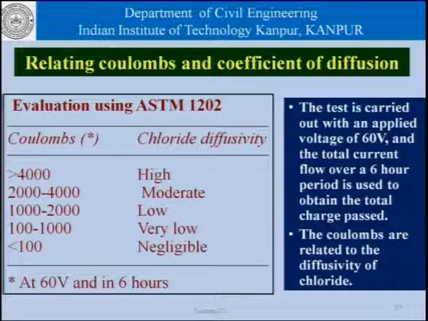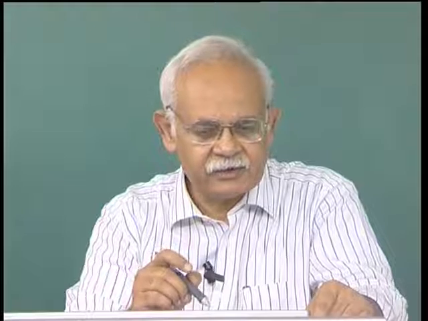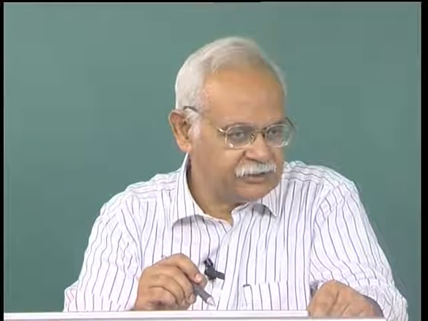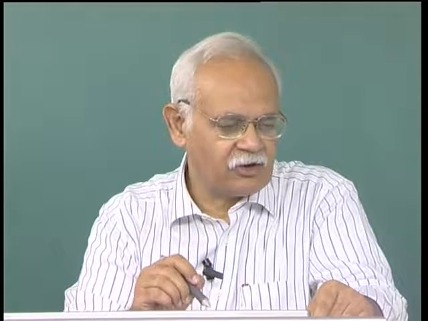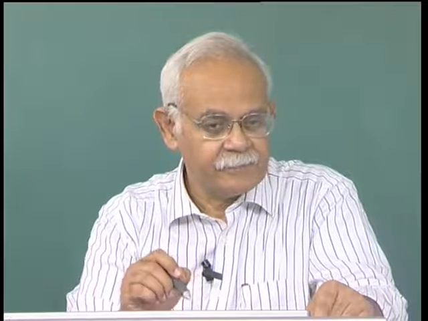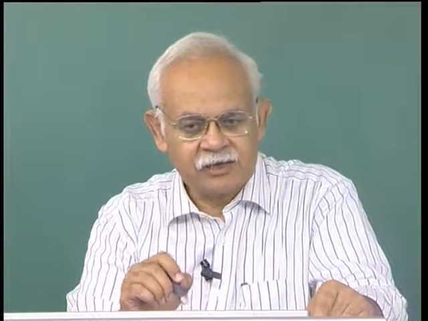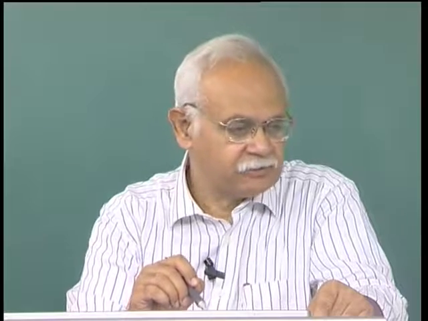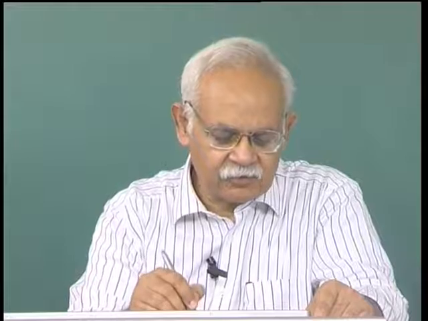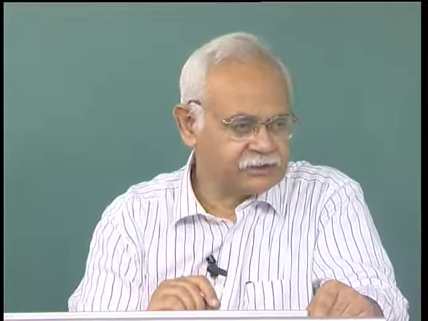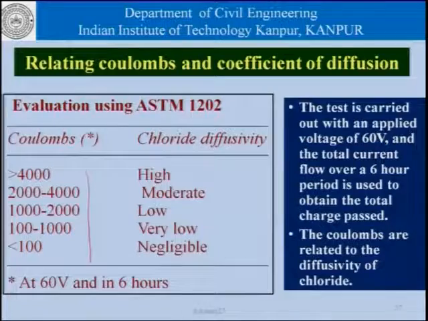A disc of 100 mm diameter, 50 mm thickness, across which 60 volts was applied for a period of 6 hours, and the current that is going through is recorded frequently, and it is integrated over time to give the charge passed, that is in coulombs, and what we have is a certain number of coulombs, and the interpretation is to be made in terms of how many coulombs we get.